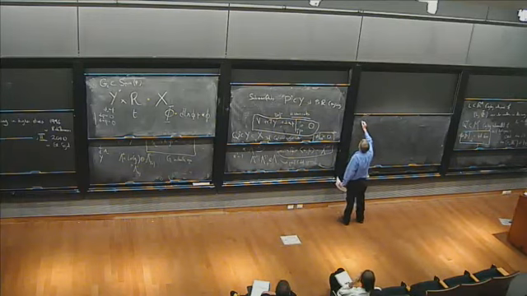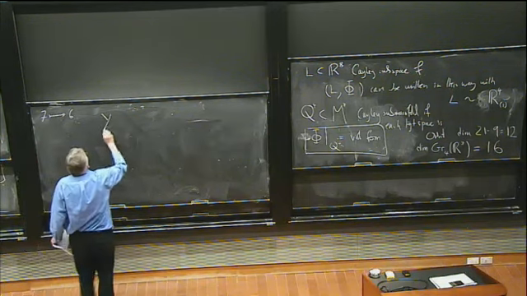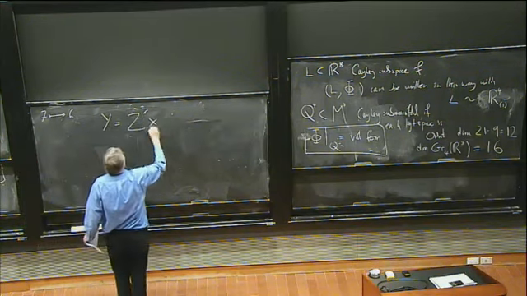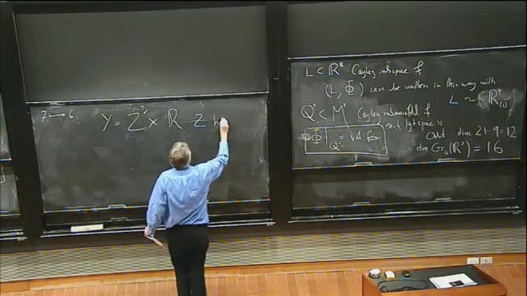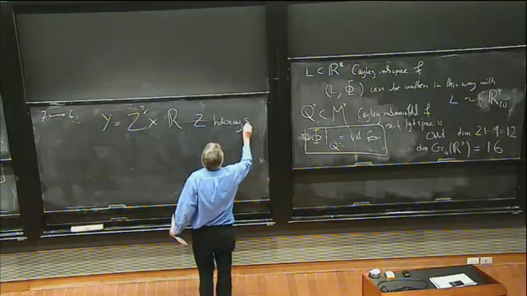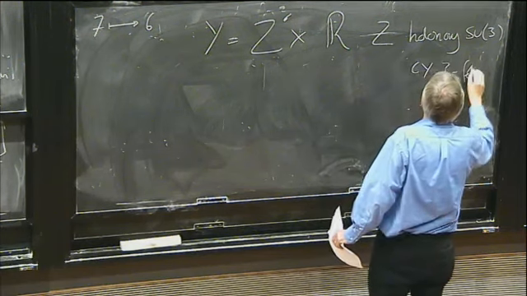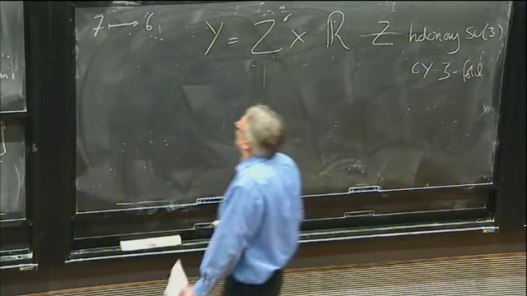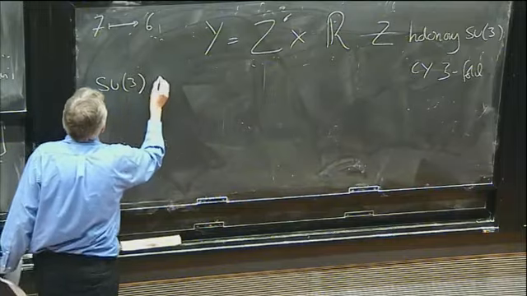So we did 8 to 7, now we're doing sort of 7 to 6. If Y is equal to Z6 times R, Z has holonomy SU3, that is a Calabi-Yau threefold. So from the point of view of groups, we're saying that SU3 lies inside G2.